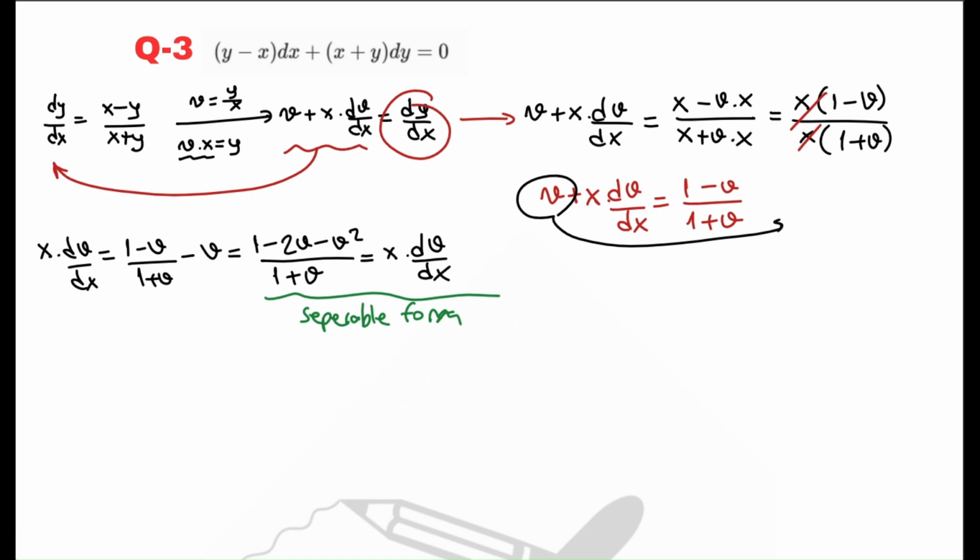We can put this value to here, and this value to here, and dx to here, x to here. And when we do that, we will get the separation. So let's write it in here.